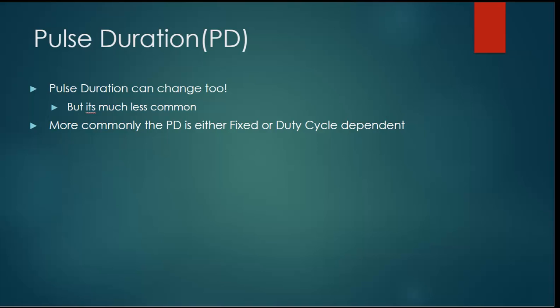It's far less common to see that. Much more commonly, pulse durations are just fixed, or if they are going to be changing, then they're going to be duty cycle dependent, meaning they'll keep a fixed duty cycle of like 10%, and they would always deviate by that amount as the PRI changed.